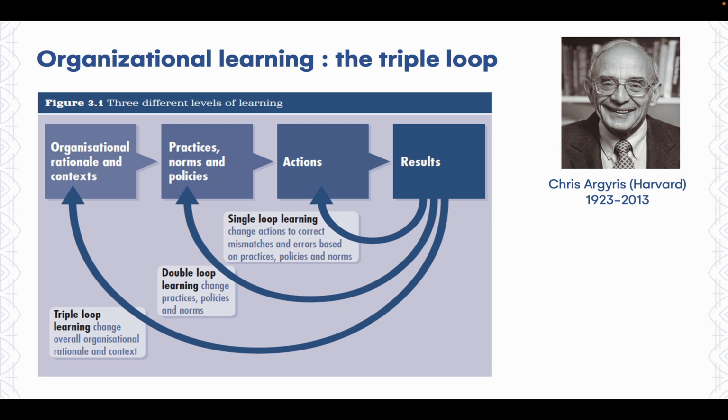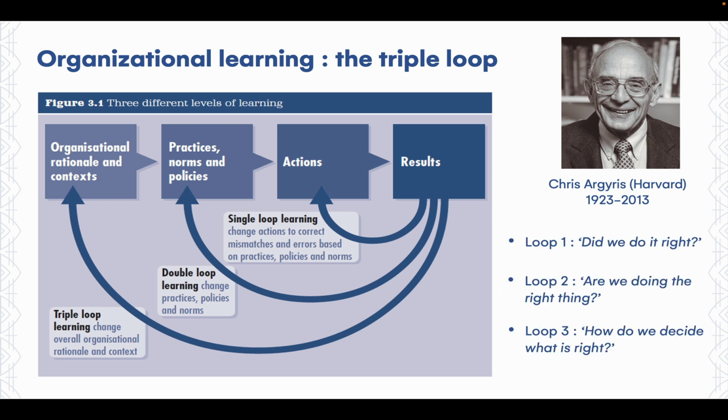And this is the kind of third loop learning, the highest level of collective thinking that most organizations are not capable of, or don't do in any kind of regular way. And he says that the greatest leverage on your performance is by systematizing, formalizing the double and triple loops within your learning process.